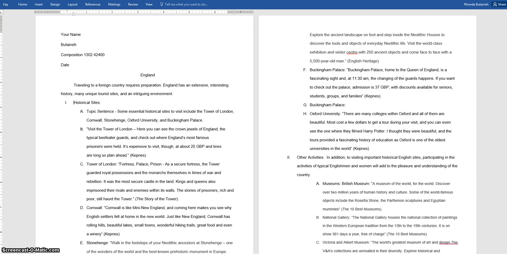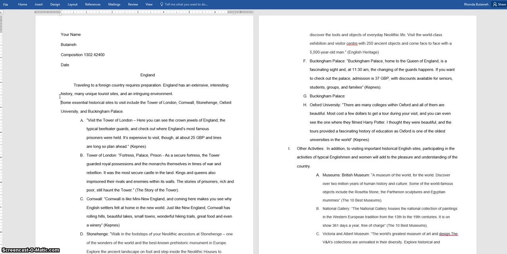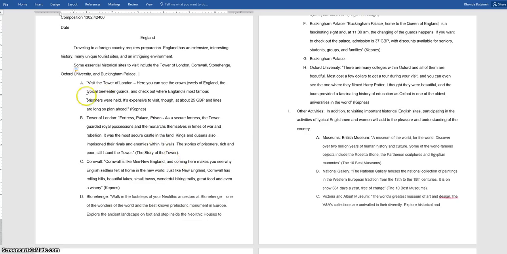Now, because I already have my topic sentence right here, it's very easy for me to modify. Get rid of that tab. Okay, and then I would take this right here and do exactly what I did as the example.